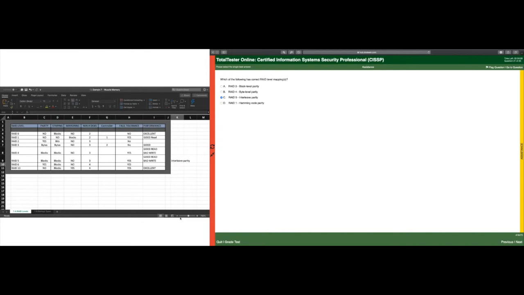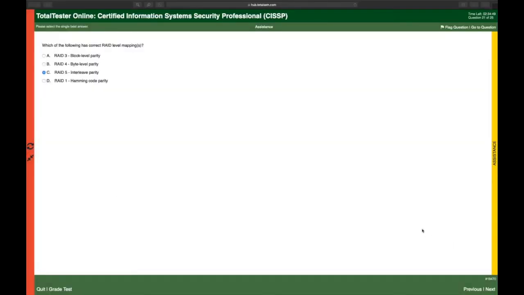Let me change my screen again. Well, when you're dealing with RAID 5, what you have is striping with parity. So that means all the data is spread across a minimum of 2 drives, and then you have the spares sitting there.